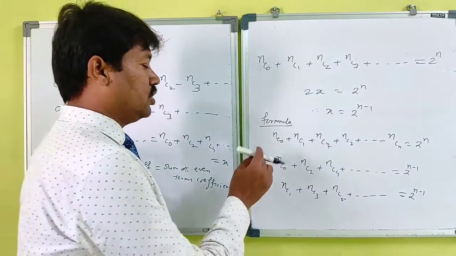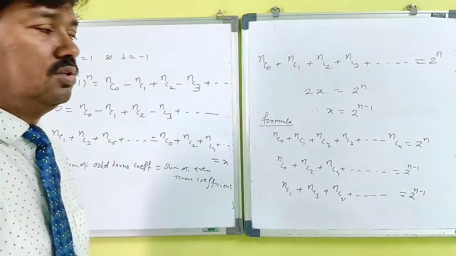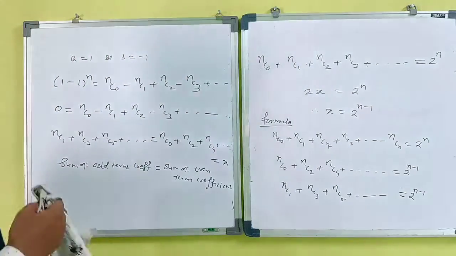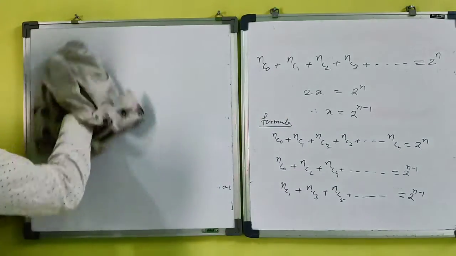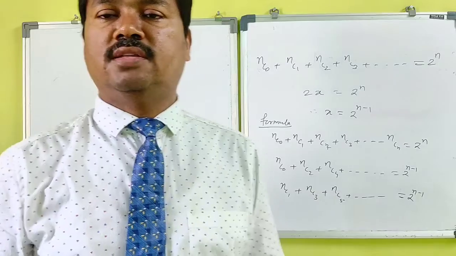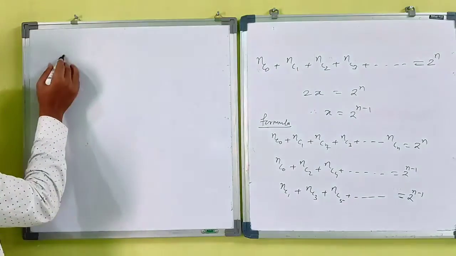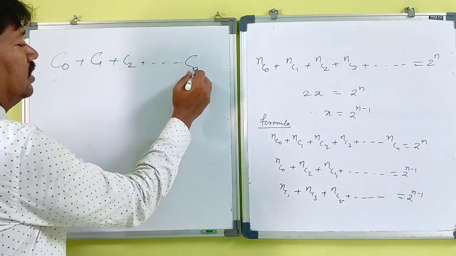Now here, if you observe, the n is common in all. The same formula can be written as, because n is common, there is no need to write n every time in the expression. Instead of nC0 and nC1, we can write the same as capital C0, C1, C2, like this, Cn.